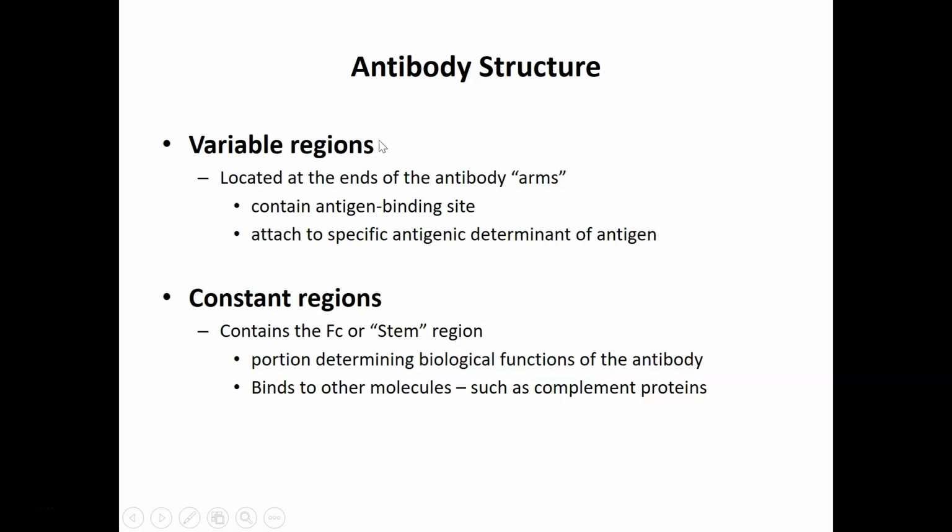And these are variable, and that's what accounts for the different ability of different antibodies to bind to a whole host of different possible foreign antigens. The constant regions are the base of the Y, and they're involved in other functions of antibodies, which we'll talk about later.